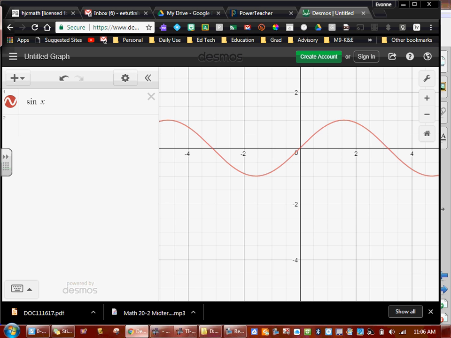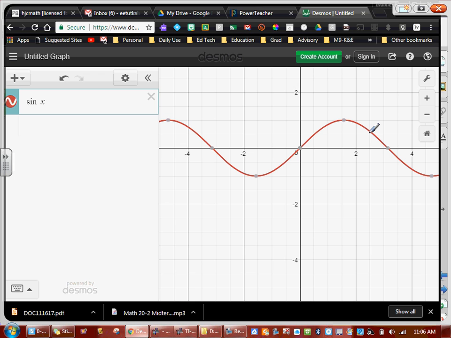Okay? Now, right now, with our red graph, this is our basic sine graph. So that means that its amplitude is 1 and its midline is 0. Now, why is the amplitude 1 and the midline 0? Well, what number is hiding in front of the word sine? A hidden 1. Well, that means the amplitude is 1.